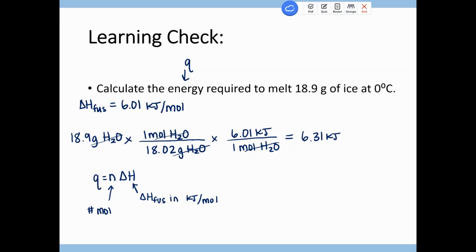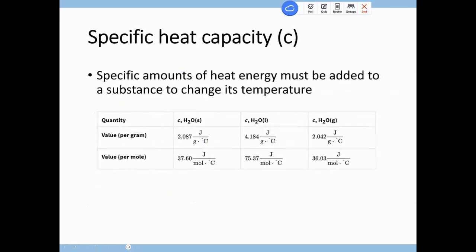Okay, so this question, like I just said, tells us this sample is already at the melting point. But if we are not starting at a phase change temperature, then we will use specific heat capacity, you might recall from last term. Specific heat capacity is used when the temperature of a substance is changing, either becoming colder or warmer.